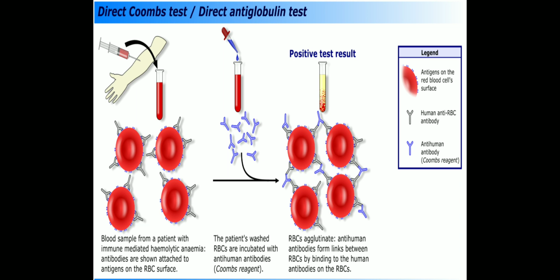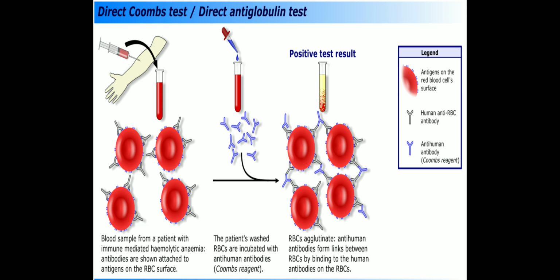In the last picture, the third part, you can see that these RBCs are getting agglutinated because they are interconnected by this Coombs reagent. It forms links between these RBCs, so it can form a chain, or in other words, agglutination. That results in a positive test result.